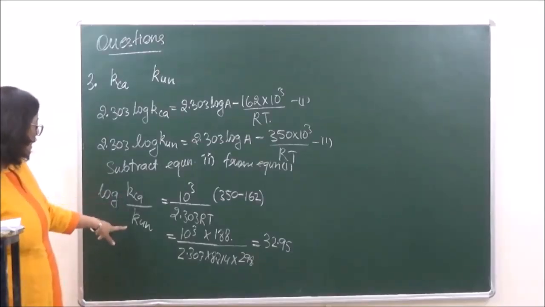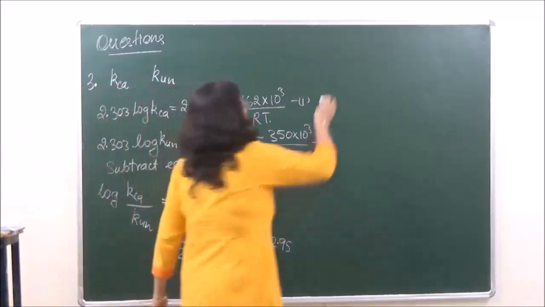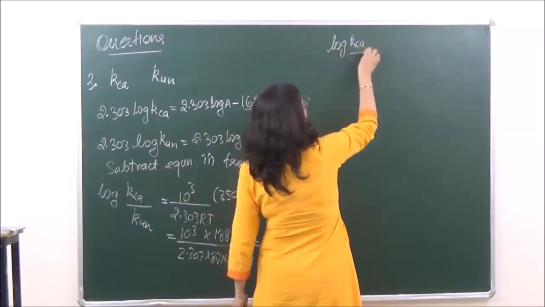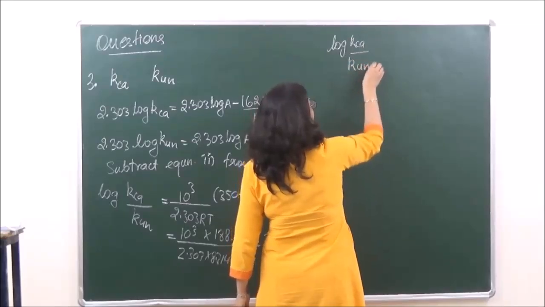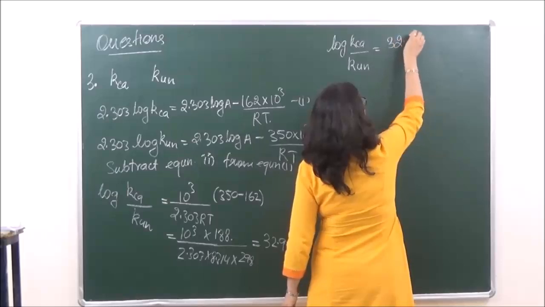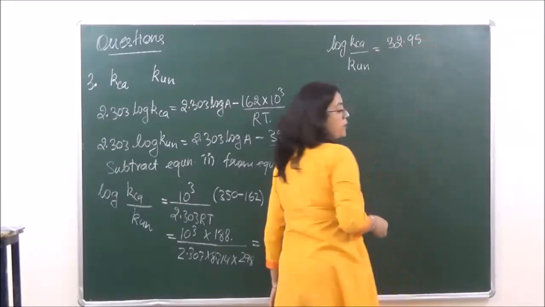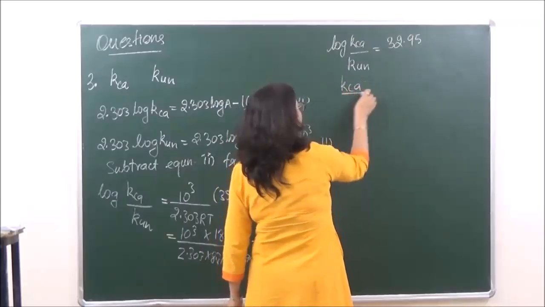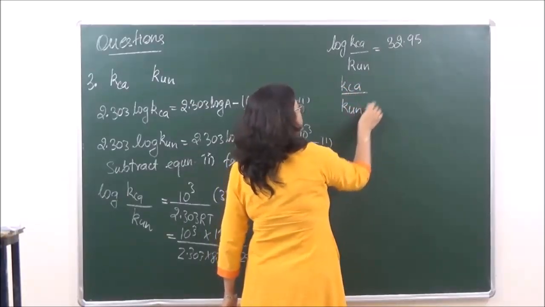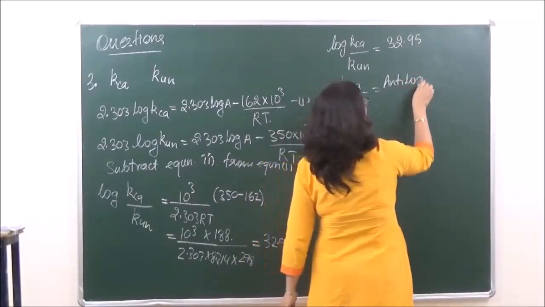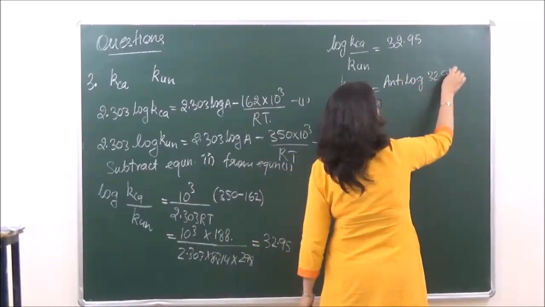So log of K for catalyzed upon K for uncatalyzed is coming as 32.95. Okay, so K catalyzed upon K uncatalyzed will become the antilog of 32.95.